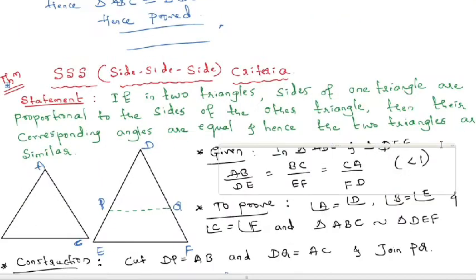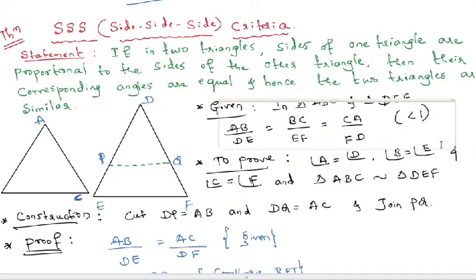Now, another theorem, side criteria. The statement is: if in two triangles, sides of one triangle are proportional to the sides of the other triangle, then their corresponding angles are equal and hence the two triangles are similar. Here what is given?